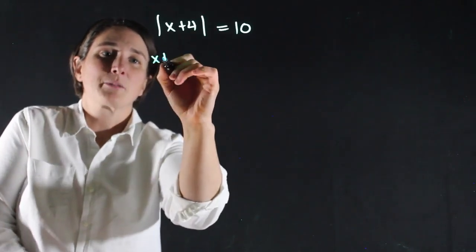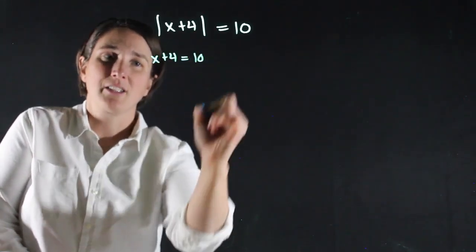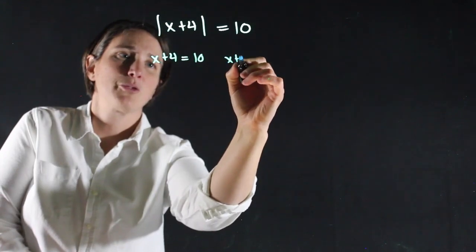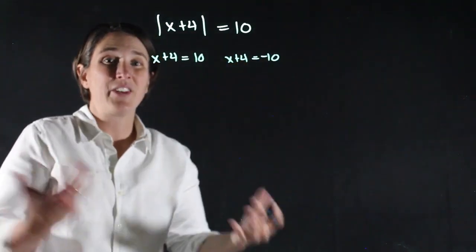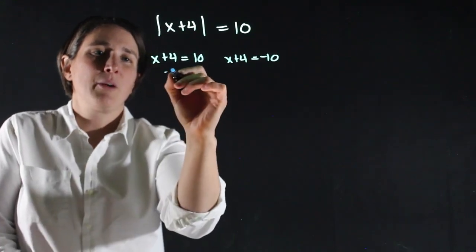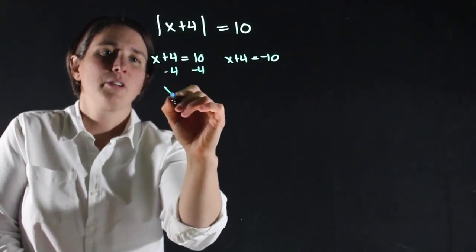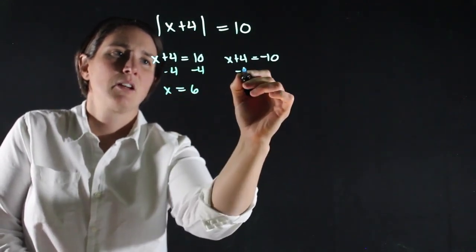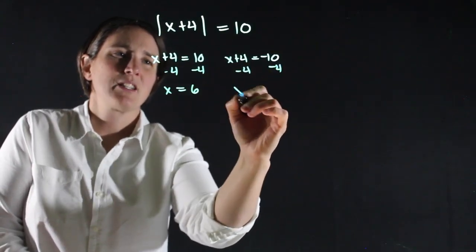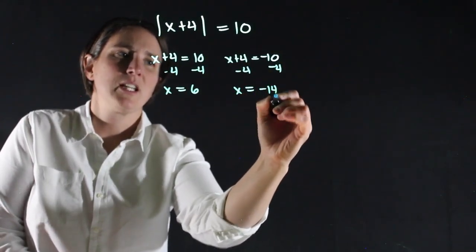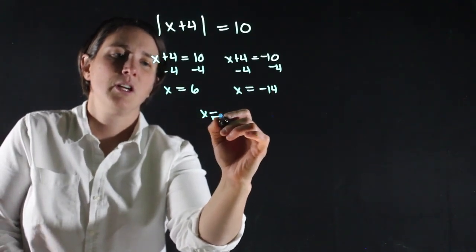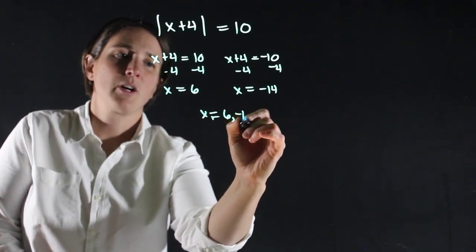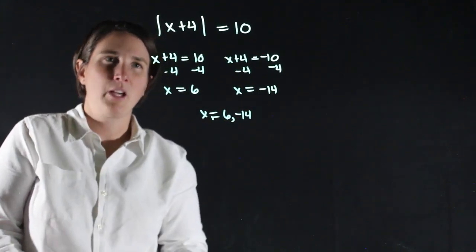So we have x plus 4 equals a positive 10 and x plus 4 equals a negative 10. Then we go ahead and solve. Subtract 4 on both sides of this equation: x equals 6, x equals negative 14. So in this case, x equals either 6 or negative 14.